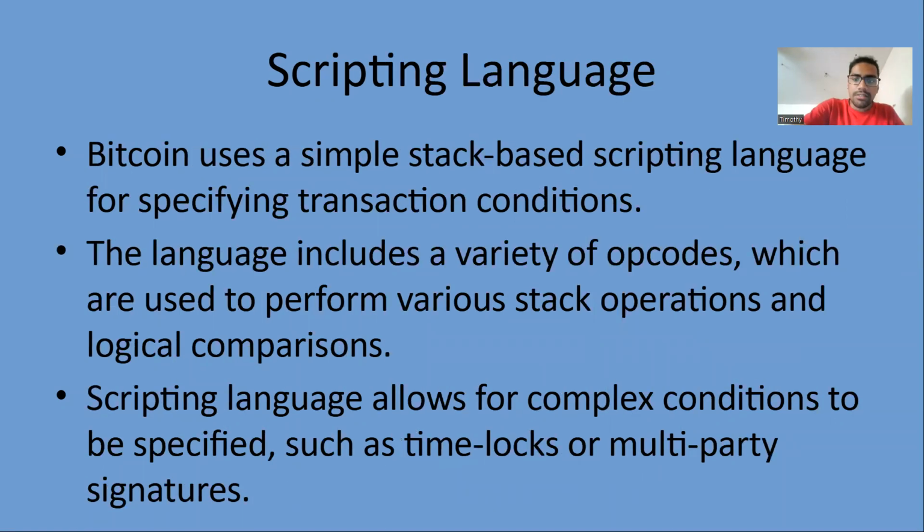And the scripting language. Bitcoin uses a stack-based scripting language. We have seen earlier the operand, pubkey hash, in that stack-based scripting language. This gives us options for a lot of opcodes and stack operations. The scripting language allows complex conditions to be specified, such as time locks or multi-party signatures.